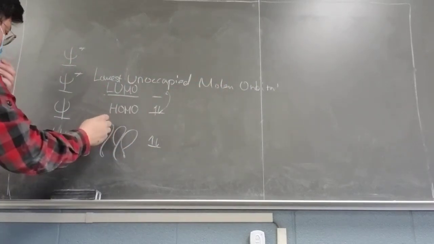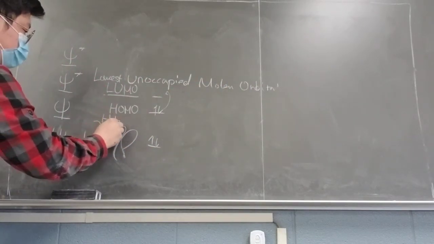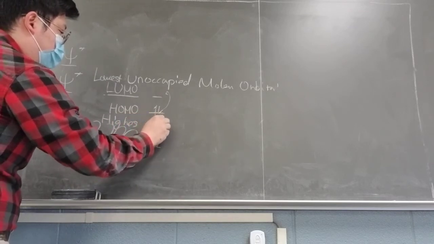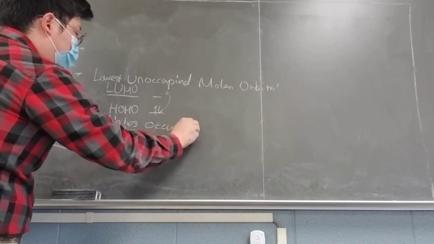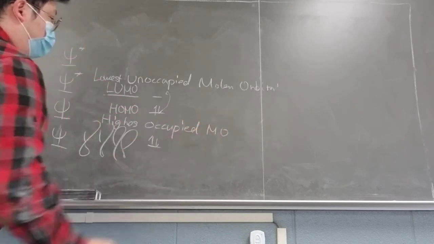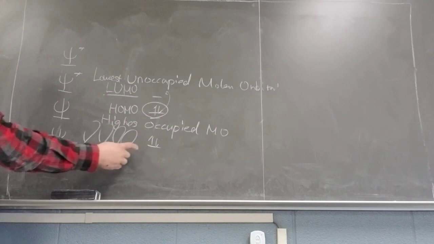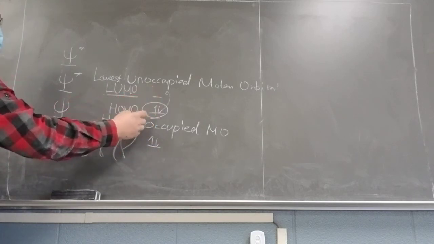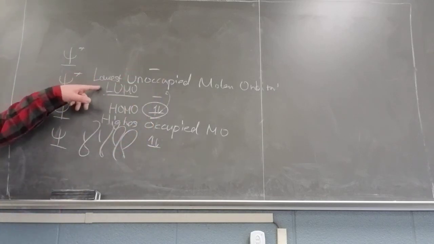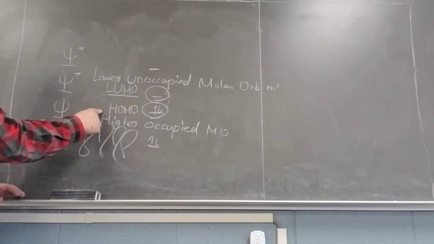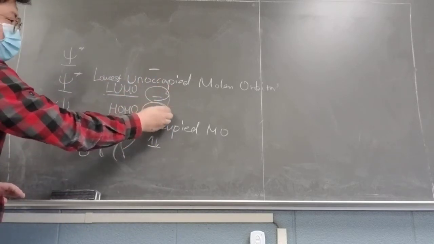This is the highest occupied molecular orbital. This is why this is the highest one, because this is empty. So from here, the lowest unoccupied molecular orbital is here, and the highest occupied molecular orbital is here.